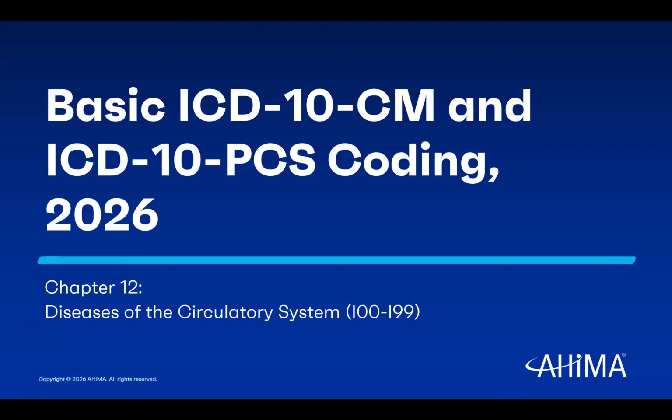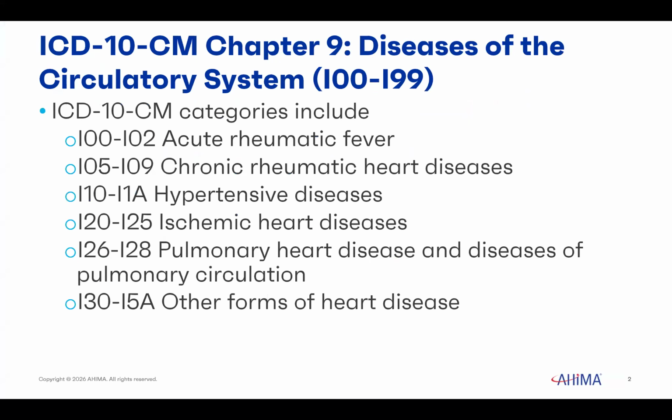These all fall into code categories I00 through I99. These include such things as acute rheumatic fever, falling into code categories I00 through I02, chronic rheumatic heart diseases I05 through I09, hypertensive diseases falling into I10 through I1A, excuse me, I10 through I11, and ischemic heart diseases falling into code categories I20 through I25.